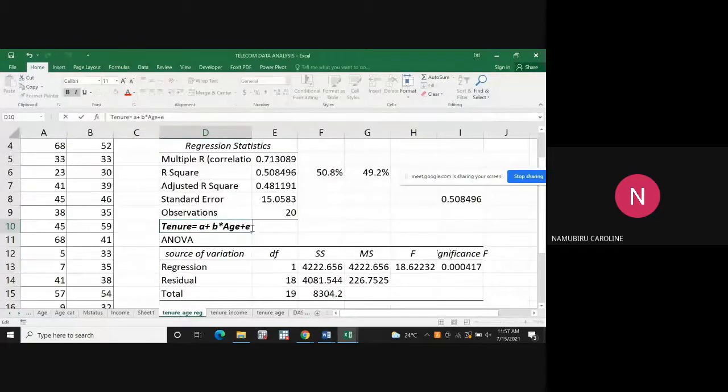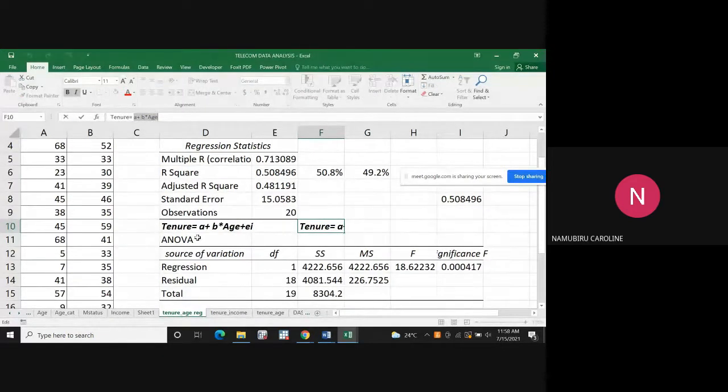This EI here tells us that tenure can depend on age plus other variables, which we normally call the residual variables. So at the time of the actual estimate, because of the limitations of the data, instead of running tenure on age and other variables, we are removing other variables and focusing on age. So this is what happens. The source of variation in tenure, because tenure is dependent, can come from this here, which is the regression, the constant and the age.